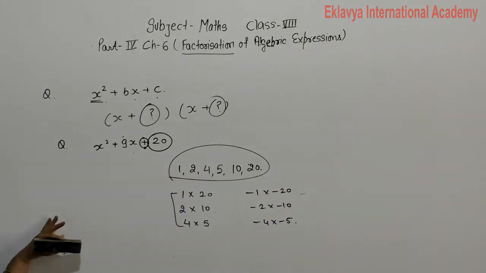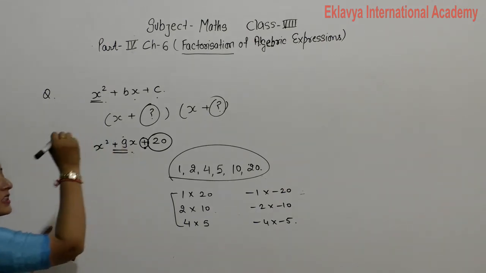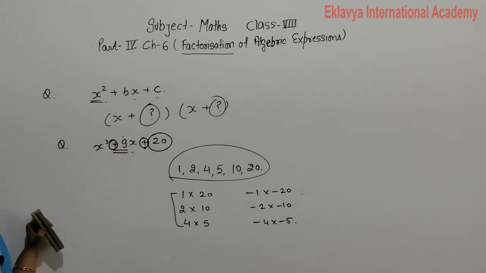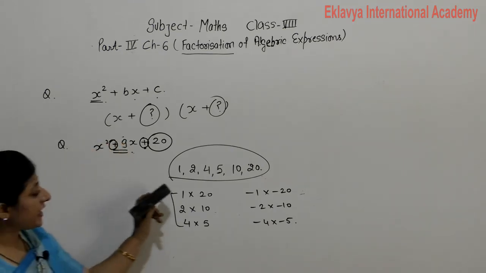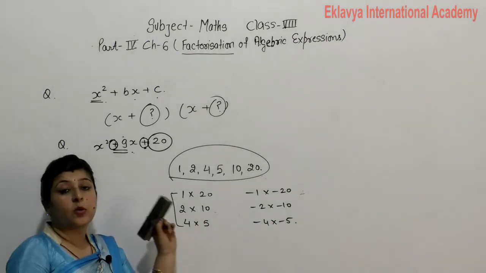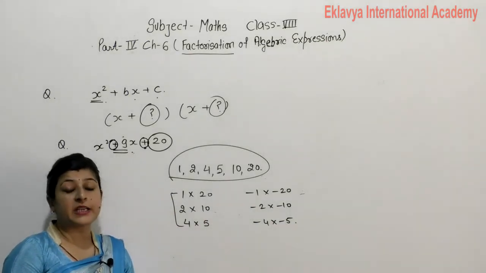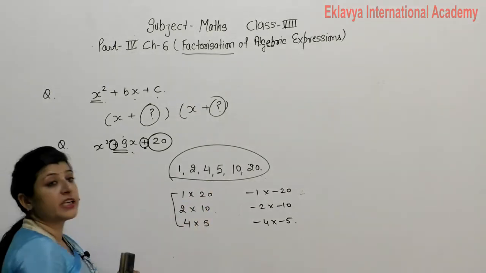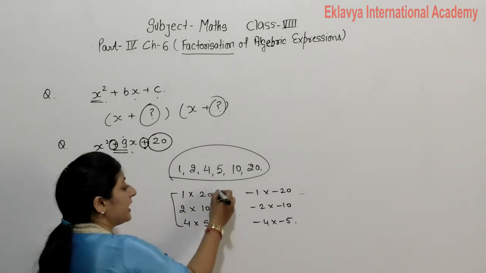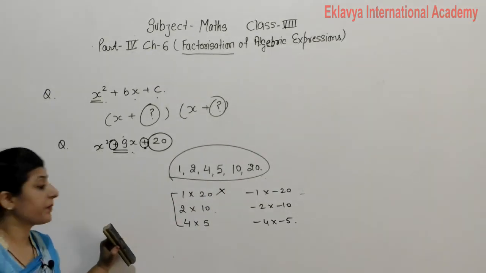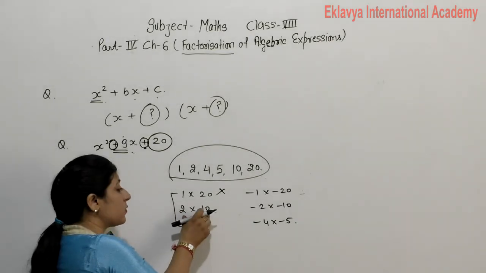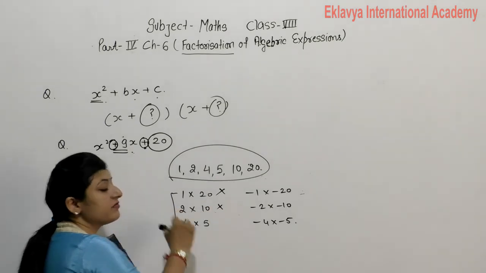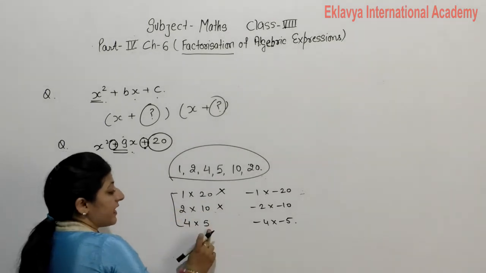But now come to the second term, plus 9x. This has the plus sign here. It means check firstly which two terms add up to 9. 1 plus 20 is 21, or 1 minus 20 is 19, so we don't need this factor pair. 2 into 10: 10 plus 2 is 12, or if you take 10 minus 2 then 8, but we need 9. 4 plus 5 is 9.